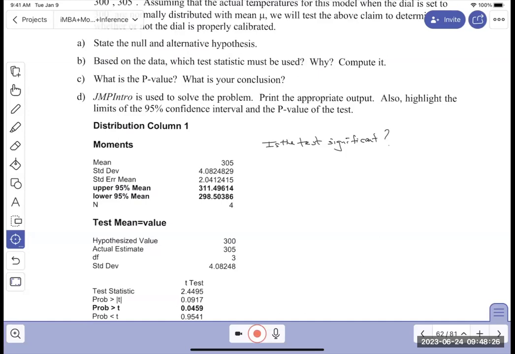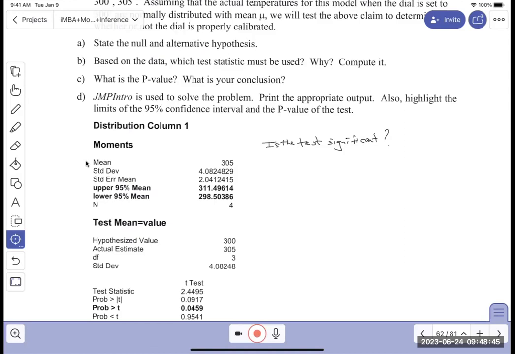Without reading the problem, I'm just going to look at the output, get comfortable with reading output, and answer the question, is the test significant?